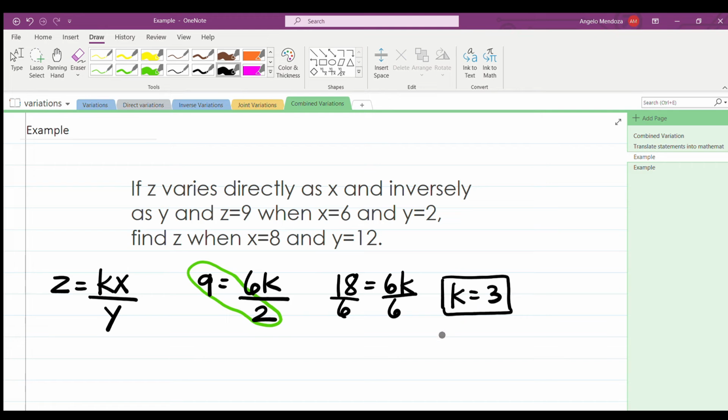So if K is equal to 3, going back to our translation, that becomes Z is equal to 3X over Y. Okay, so this is the equation of variation.